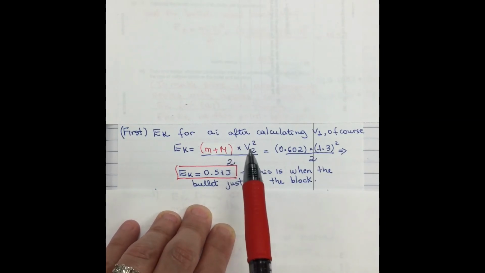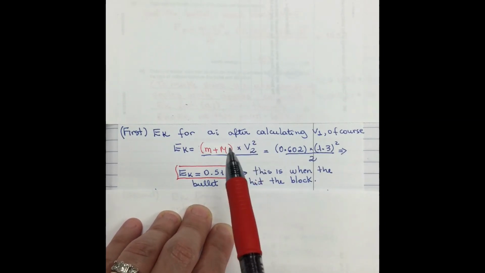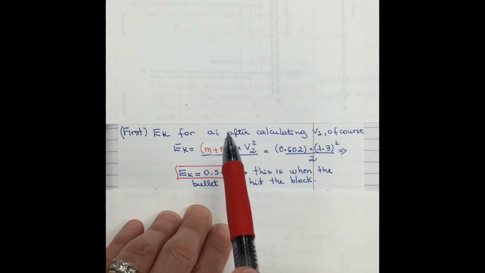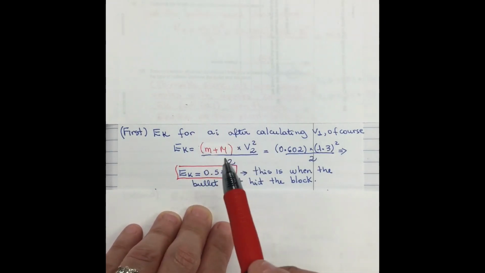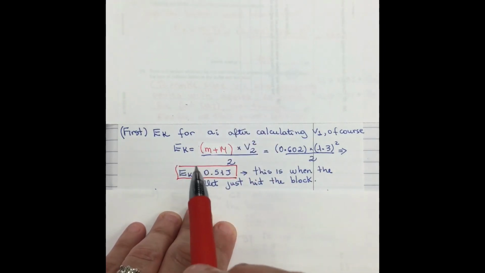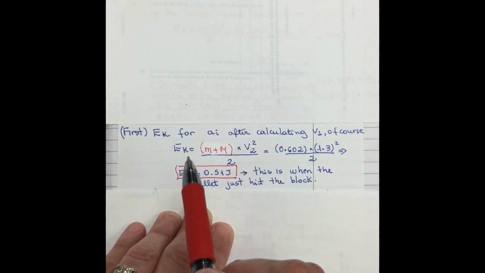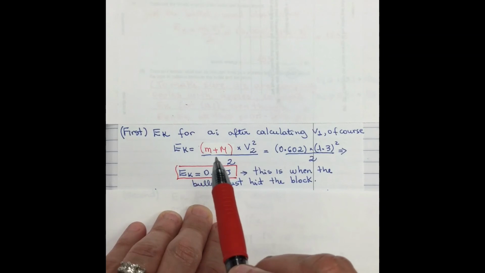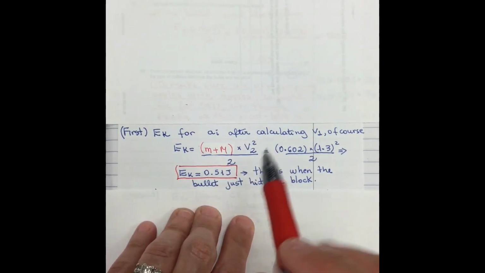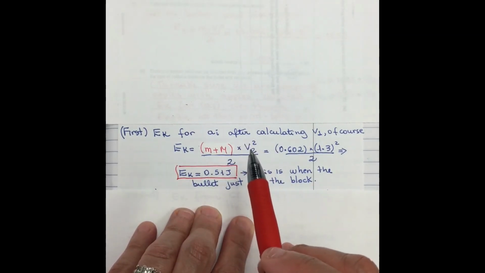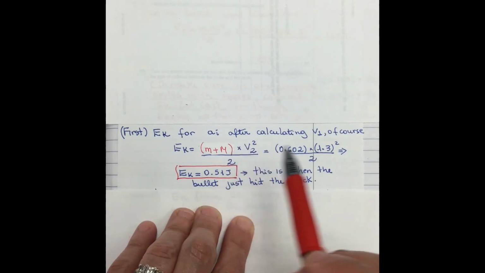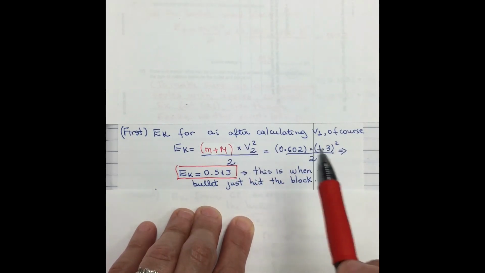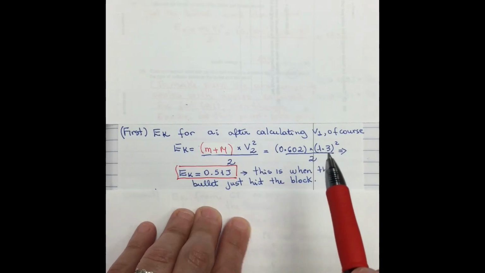So prior A I is talking about the block and the bullet, the change in gravitational potential energy. So I'm going to calculate here the kinetic energy for the bullet and the block using the speed that I calculated for both together moving up, which was 1.3 meters per second.